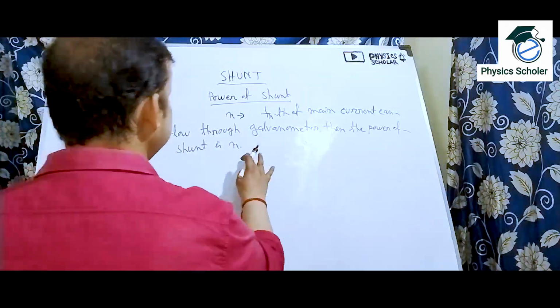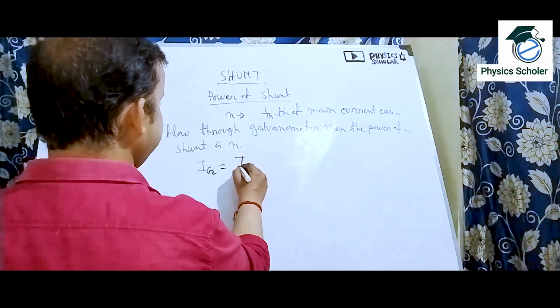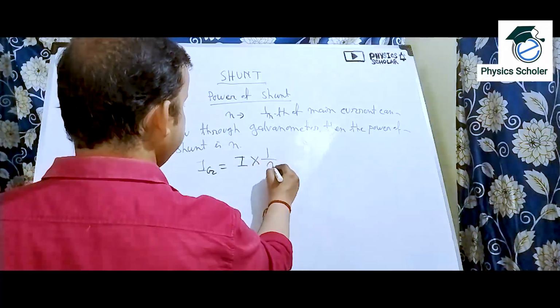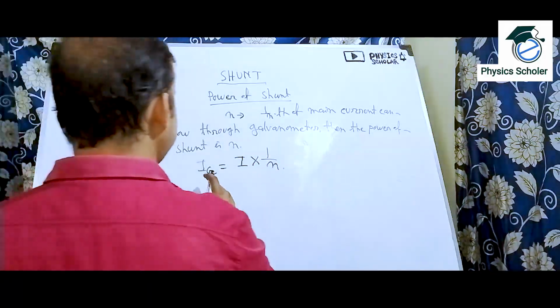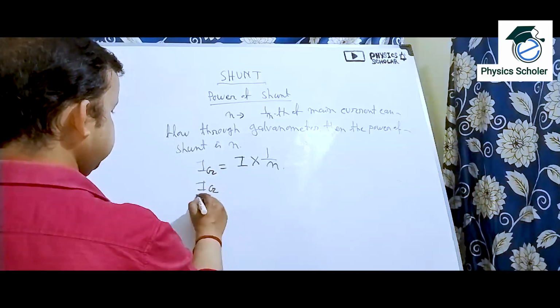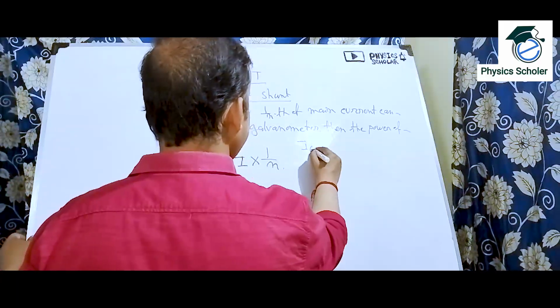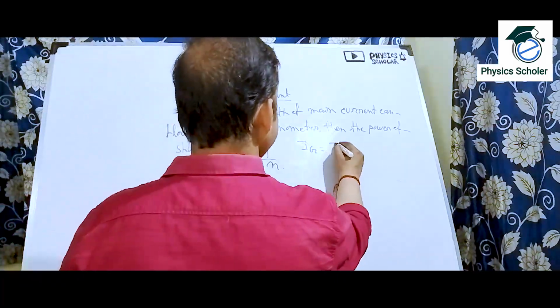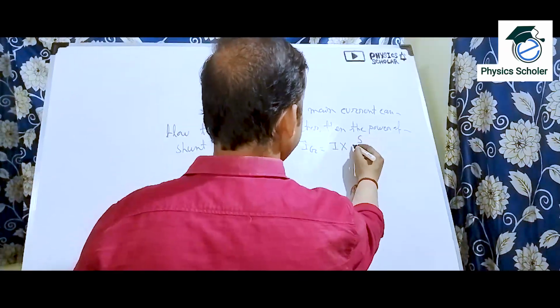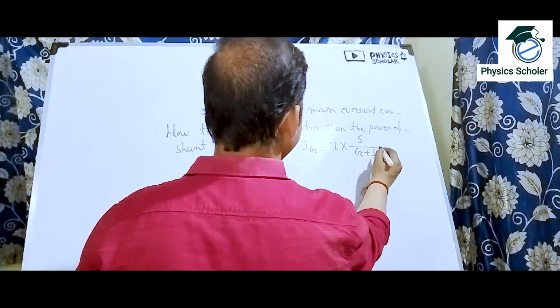So now IG, the galvanometer flow, is equal to the main current I into 1 by N. So IG by I is equal to 1 by N. Just now I told IG is equal to I into galvanometer resistance divided by the summation of galvanometer and shunt resistance.